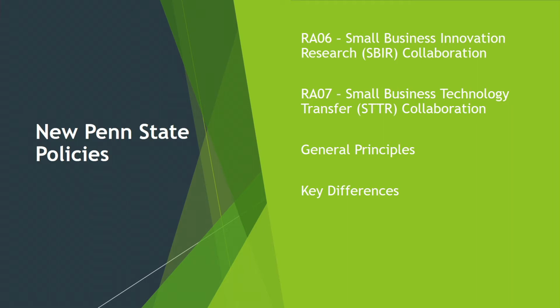The policies were rolled out on April 26, 2017, and they are both publicly available on Penn State's policy website. Each policy contains 11 general principles in each separate policy.